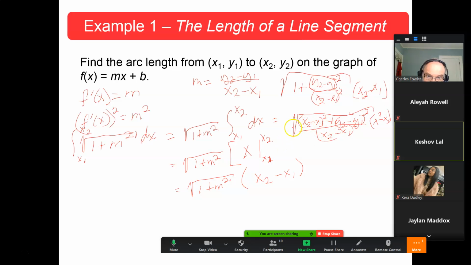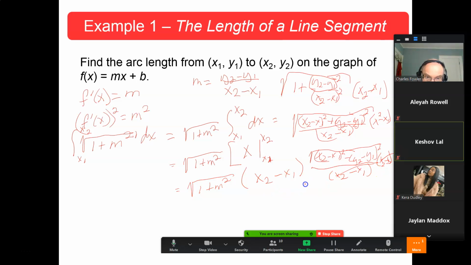Well, this is a perfect square under a square root, so that would just be the square root of (x2 minus x1) squared plus (y2 minus y1) squared, over x2 minus x1 multiplied by x2 minus x1. And these just cancel out.